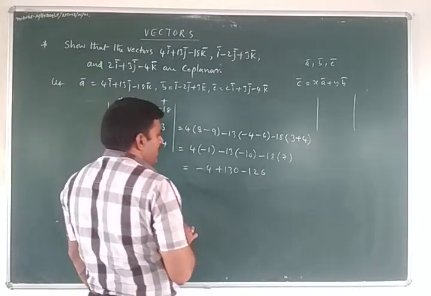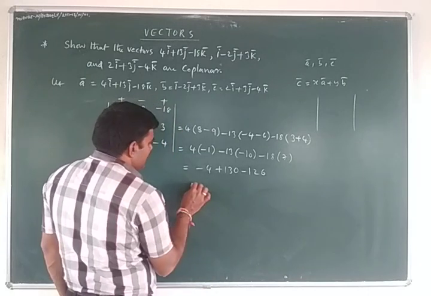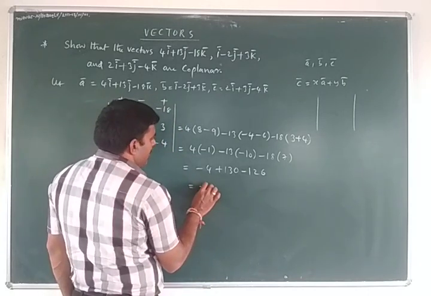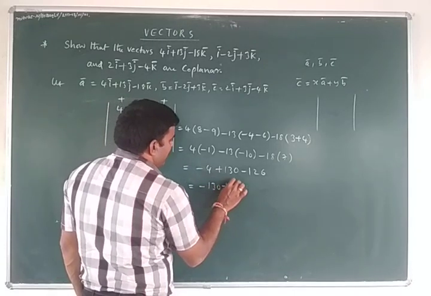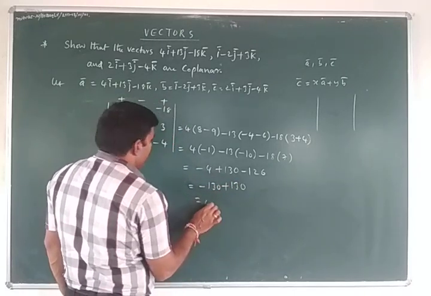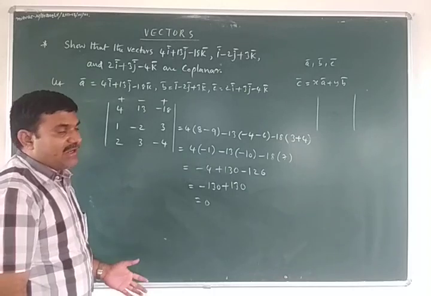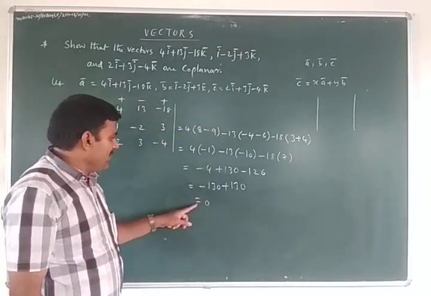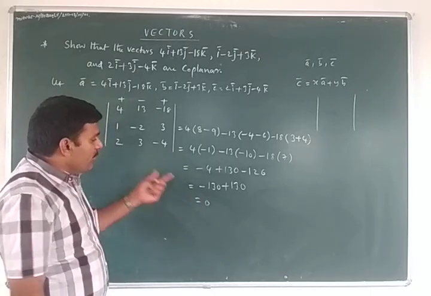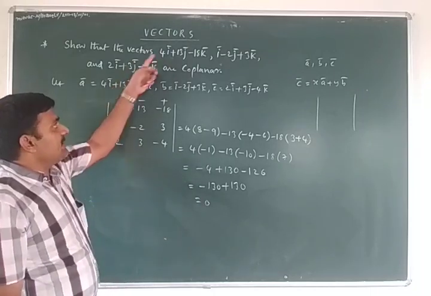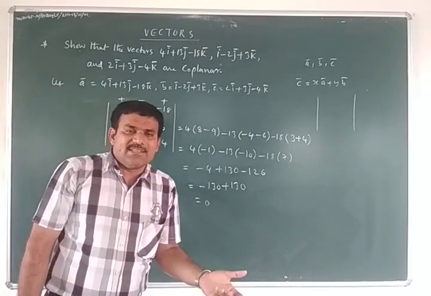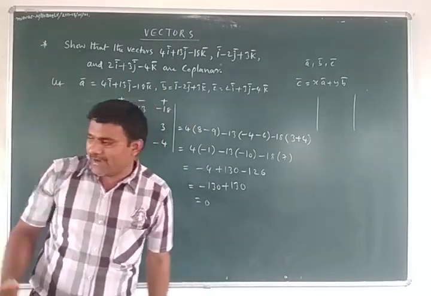So 18 sevens are 126. This is equal to minus 126 minus 4 plus 130, which is equal to 0. To observe clearly, the determinant of these three vectors is becoming 0. So when I get 0, the given vectors a bar, b bar, c bar are coplanar vectors. This is the concept of coplanar vectors.